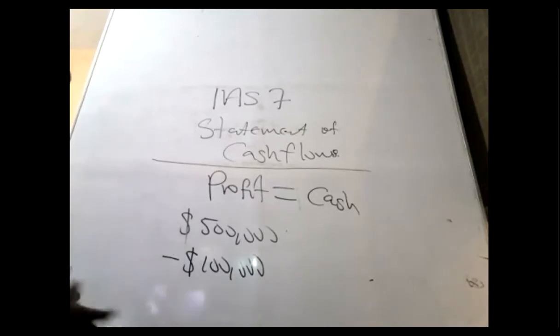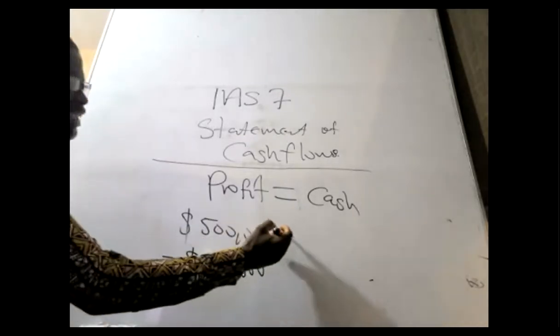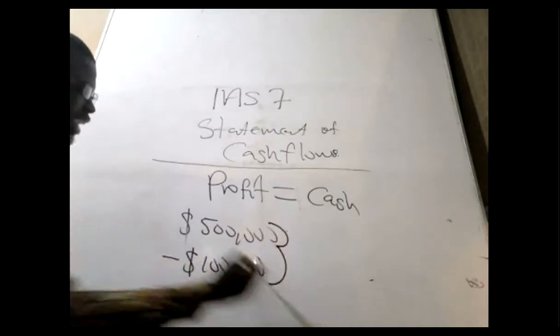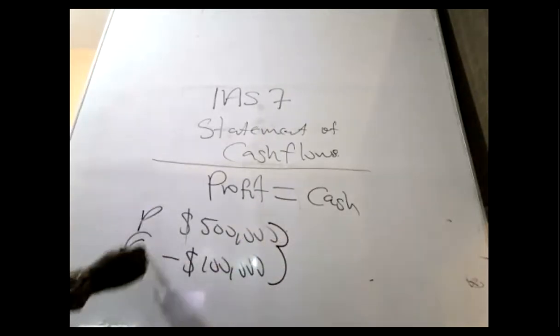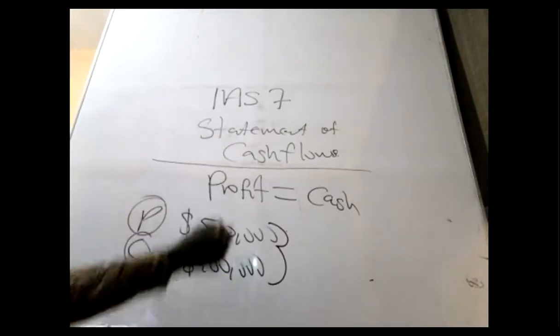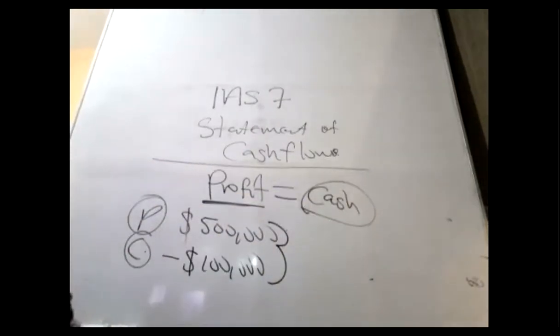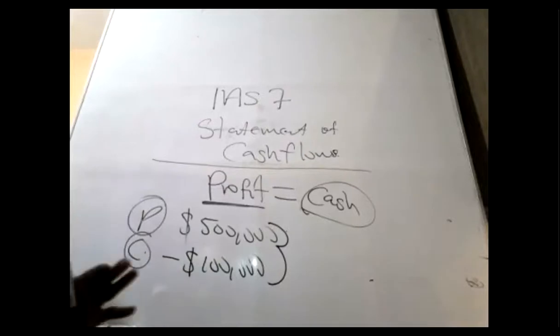To explain this, we need to prepare what you call a cash flow statement. A cash flow statement is just a statement that we prepare to reconcile the difference between profit and cash. So if your profit is not equal to your cash, relax.